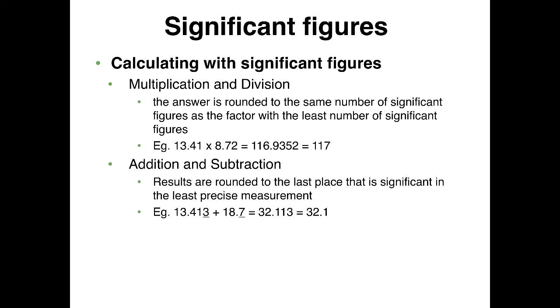Now the last place in the least precise measurement is the 7 in 18.7. And so the 10th place is where the answer should be rounded off to. And since the next number is a 1, the answer is rounded down to 32.1.